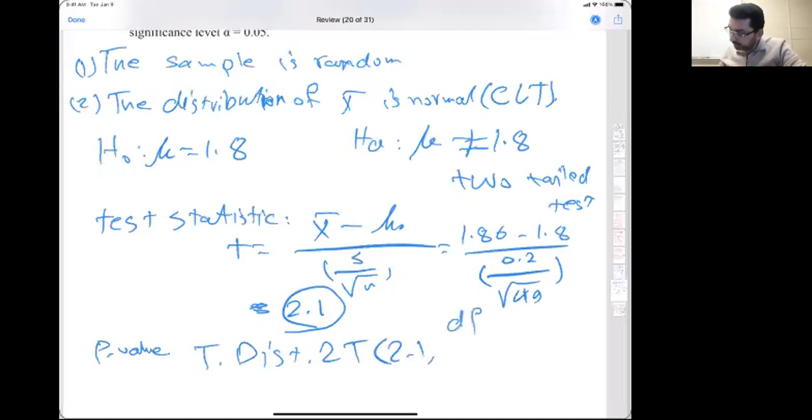We didn't calculate it, so df is n minus 1. We have here 49 minus 1, so it will be 48. So we will go to Excel to calculate the p-value.